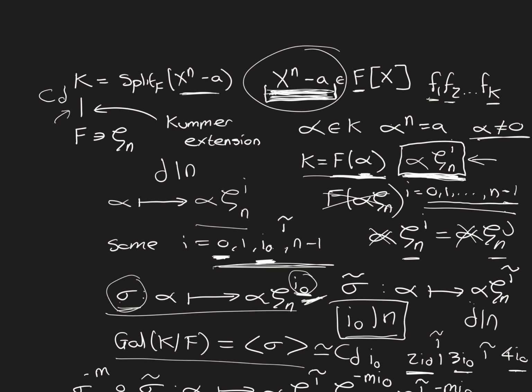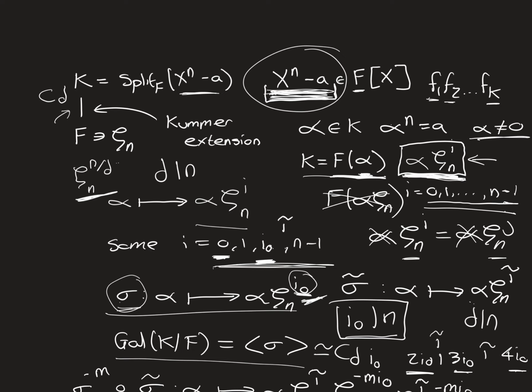Now, if your base field contains a primitive nth root of unity, then it is going to contain a primitive dth root of unity, because if you consider zeta n to the power of n divided by d, this element, sorry, d divides n rather. Sorry, I'm speaking really badly. So d divides n, therefore n divided by d is some natural number.